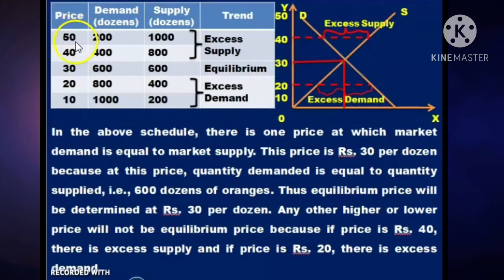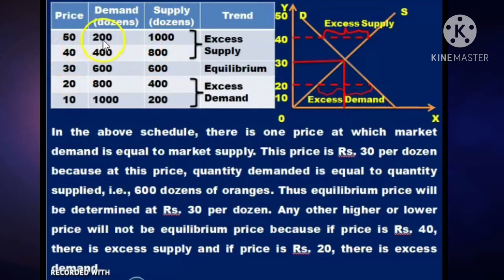Here the prices are 50, 40, 30, 20, 10. On the demand side, at a higher price the quantity demanded decreases, and on the supply side it increases.